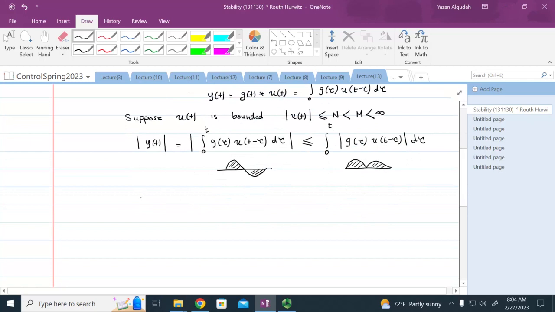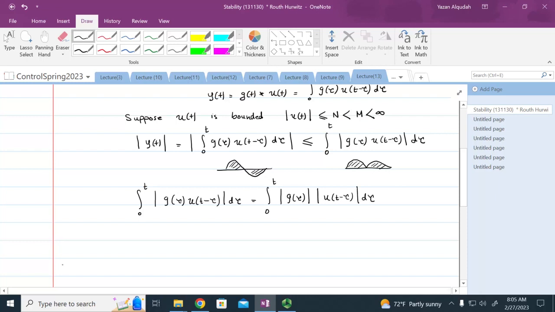So continuing, the integration from 0 to t, absolute value of g of tau, u of t minus tau, d tau, is going to equal the integration from 0 to t, I can take the absolute value of g of tau multiplied by the absolute value of u of t minus tau, d tau.